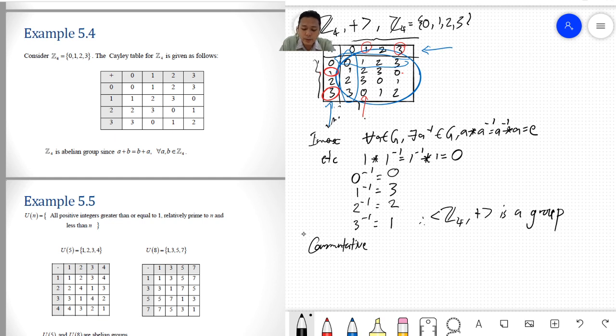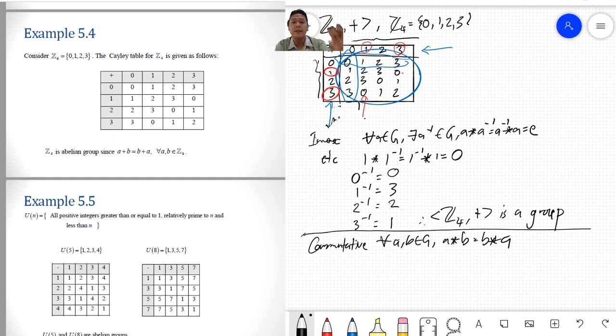So for the commutative, it means for every 2 elements in G, A binary operation B equals B binary operation with A. Again, for every, you have many combinations: 0, 0, 0, 1, 0, 2, 0, 3, and then you proceed with 1, 1, 1, 2, 1, 3, 2, 1, 2, 2, 2, 3, and 3, 3. There are many combinations.